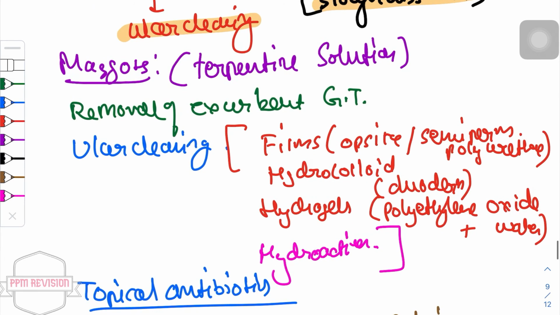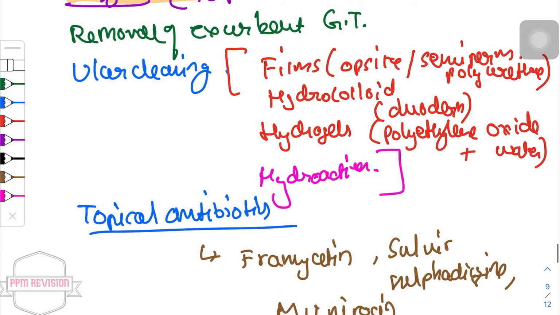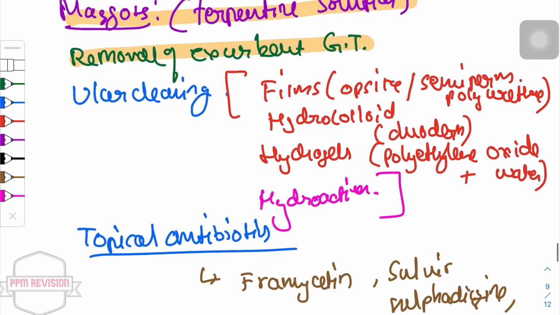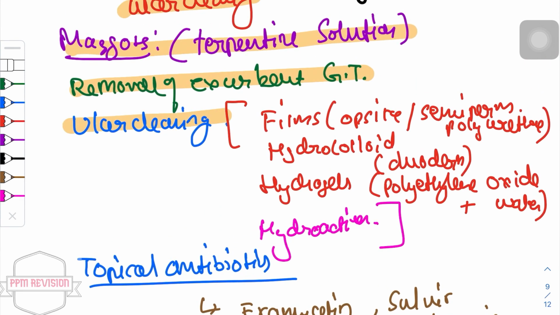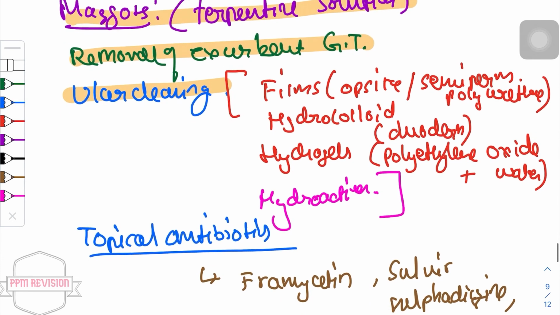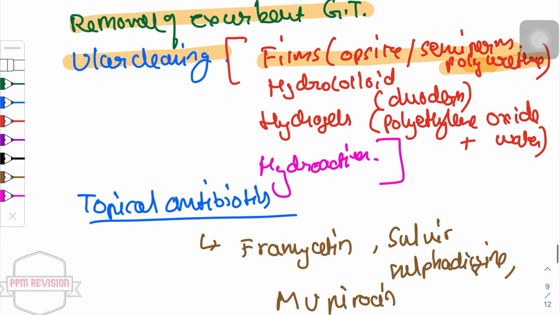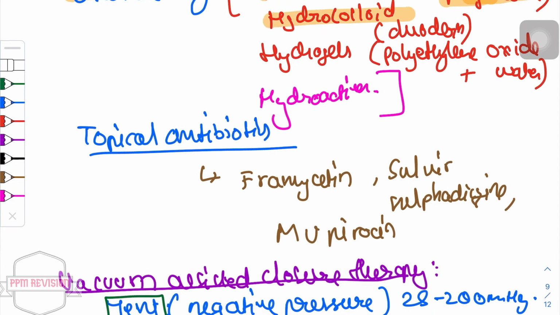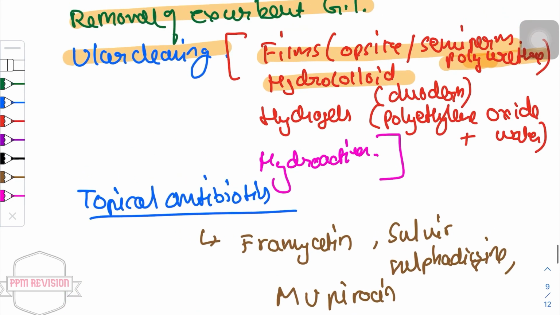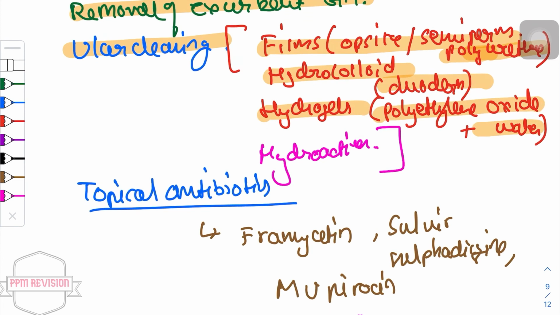There's also maggot therapy and turpentine solution, where there is removal of exuberant granulation tissue and ulcer cleaning is done. There is filming, which includes Opsite and semipermeable polyurethane. There is hydrocolloid, which includes deodorant. There are hydrogels, with polyethylene oxide and water, and Hydroaction.